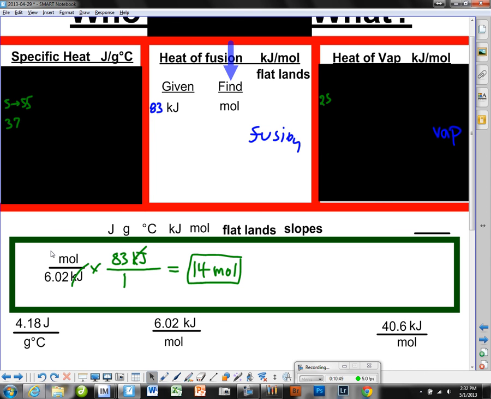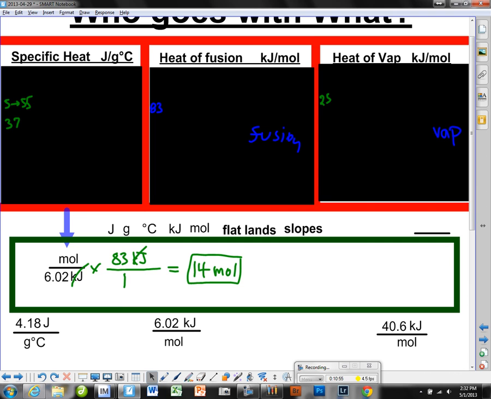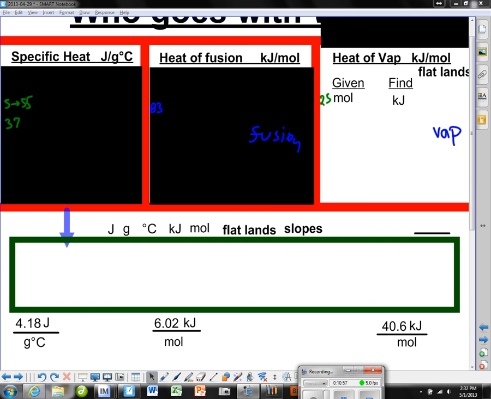Now, let's go ahead and pull this little guy back down, and we'll close this up. And here we go with heat of vaporization. What numbers are we going to use with heat of vaporization? 40.6, good. So the 40.6 comes up, and what's the unit of measure that goes with 40.6?